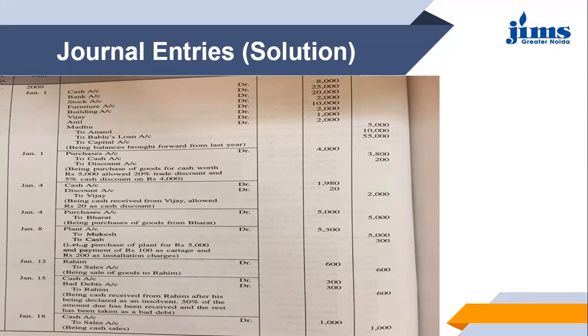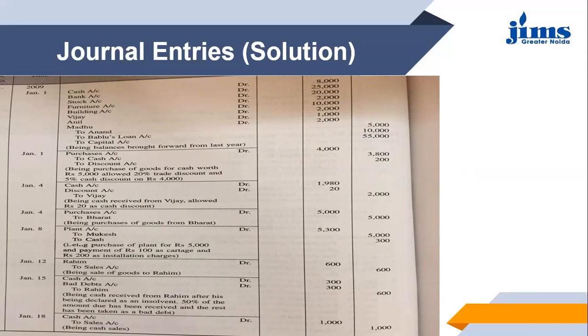Now this 55,000 difference will be transferred to the capital account, because when you are preparing any of the journal entries, the debit and the credit amount columns should be equal to each other. Like if in the debit column you have 55 plus 10, 65, 65 plus 5, 70, means in the debit column you will be having 70,000 and in the credit column you will be having 15,000.